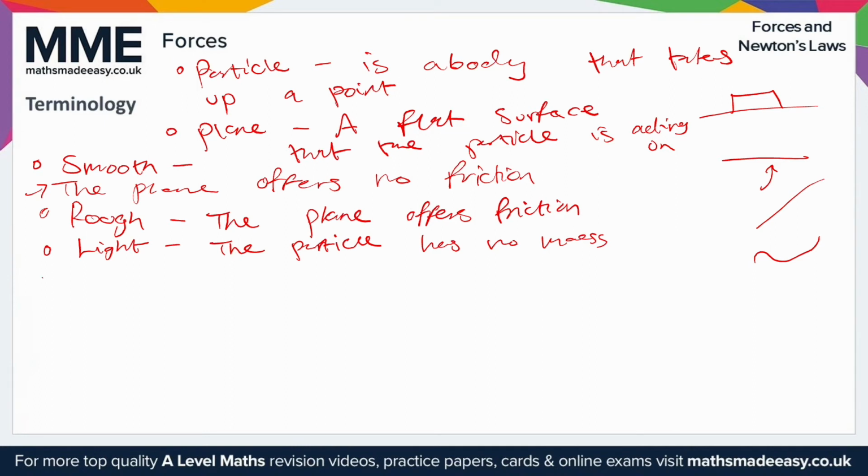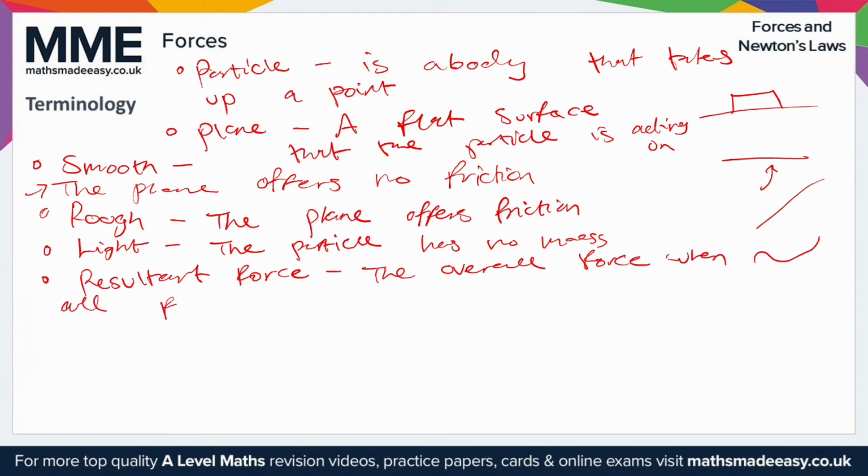Okay, so next is resultant force. Now this one's very important because it's used in pretty much all forces questions. So the resultant force is the overall force when all forces have been considered. And what do I mean by this?